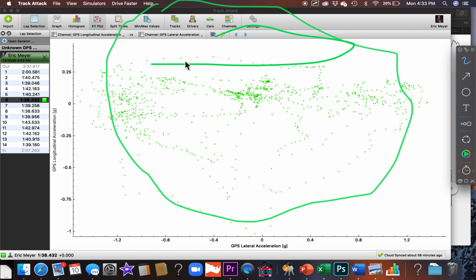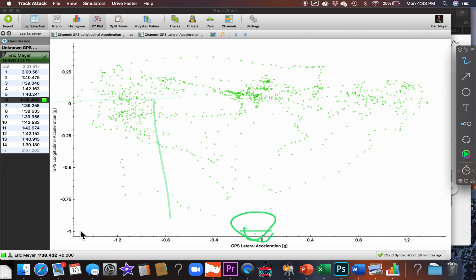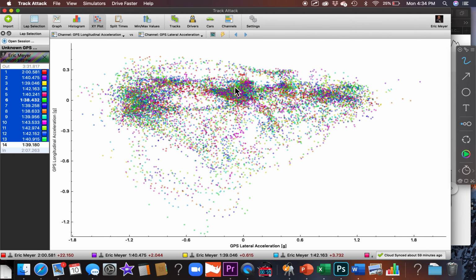But remember, we don't use this part up here because the car doesn't accelerate that hard. It decelerates hard, so it needs to be down here. You can see a couple guys down here at -1. You can see a whole bunch of these if I highlight them. This just takes a second to show. There it is.